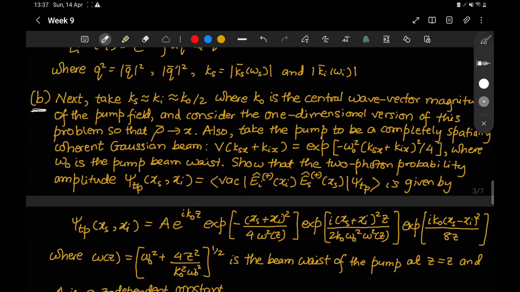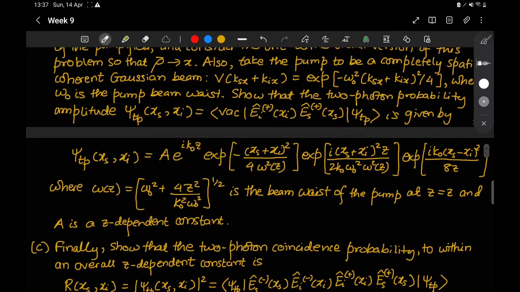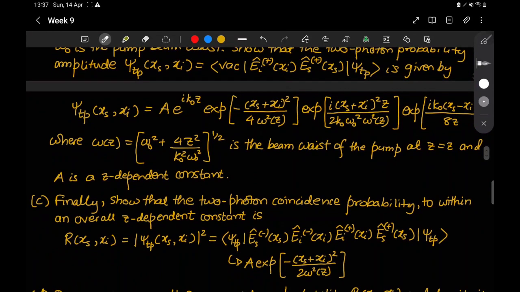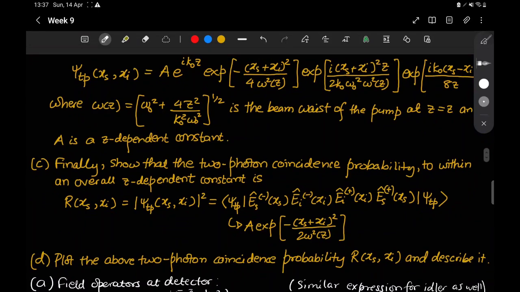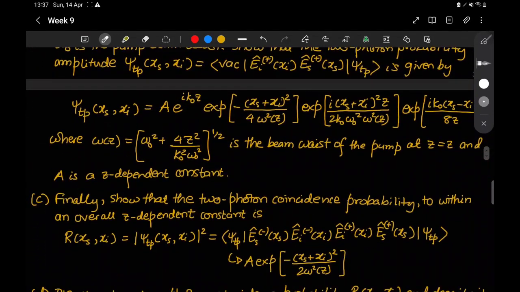Show that the two-photon probability amplitude psi Tp reduces to the following, which has 3 exponential terms, where omega z is the beam waist of the pump at a given z location and A is a z dependent constant. So we were doing this part B.